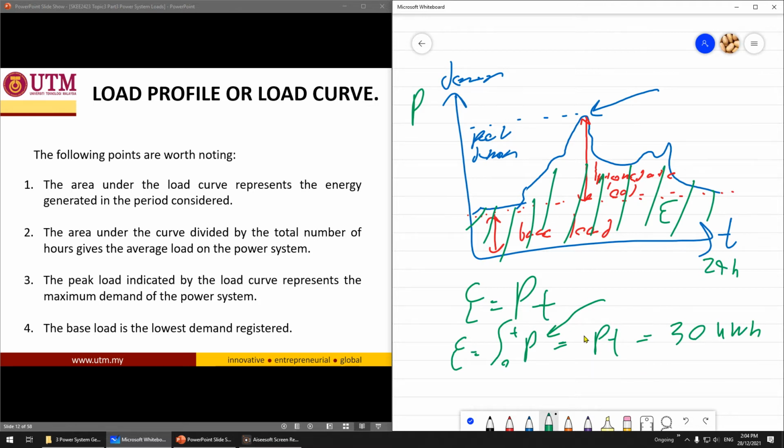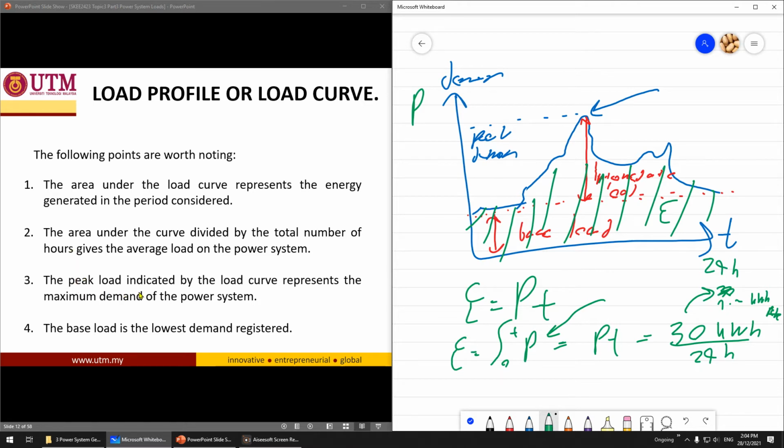When you integrate this, you get 30 kilowatt hour. If you divide by 24 hours, you get the average. So 30 divided by 24 is around 1 point something kilowatt hour per hour. This is the average. This is what is meant by number 2.